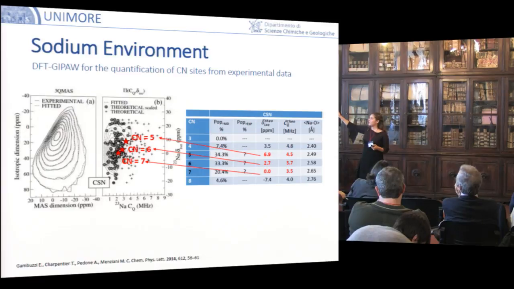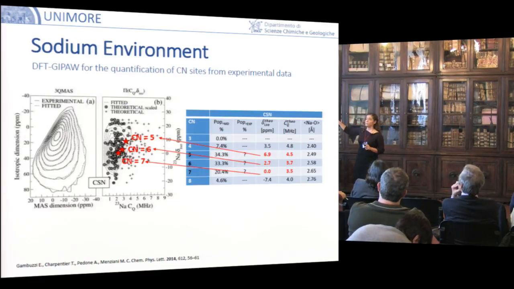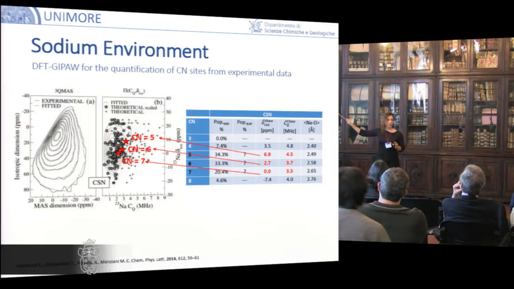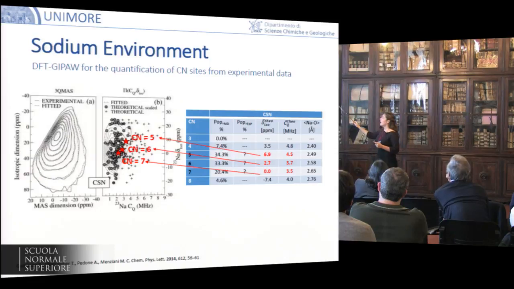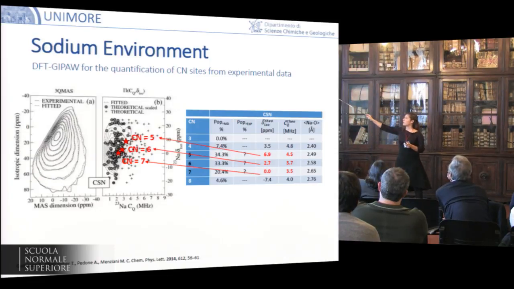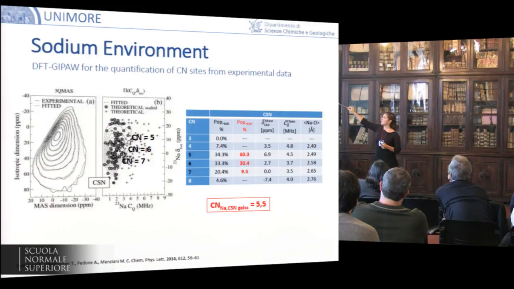The most populated coordination sites in the MD-derived models were 5, 6, and 7, which is quite reasonable with respect to previous investigations on glasses. And what we did was to use these values to fit these spectra with the different contributions in order to estimate the experimental population of 5, 6, and 7 coordinated sodium.